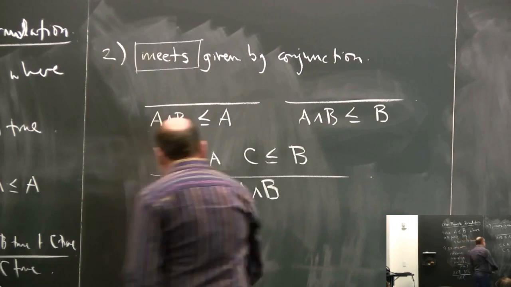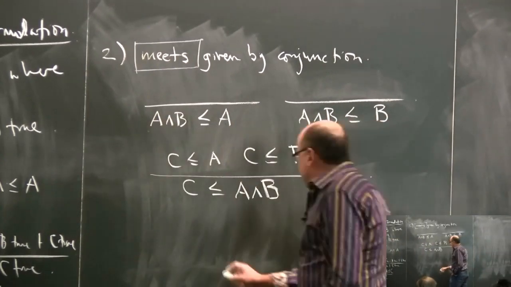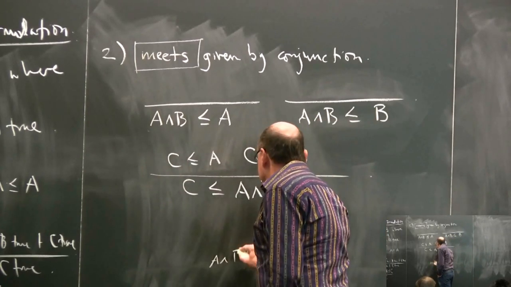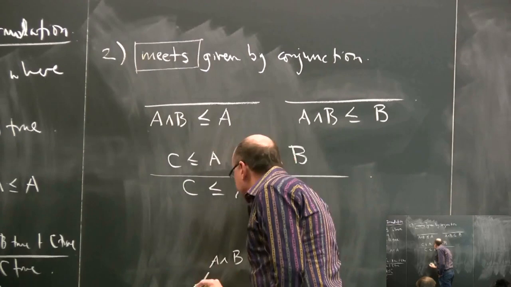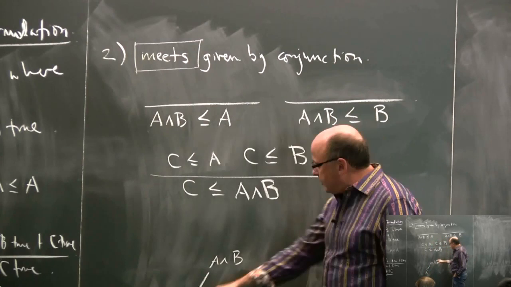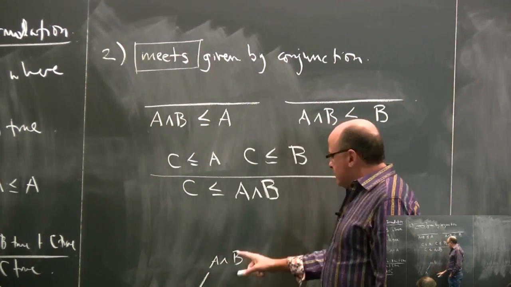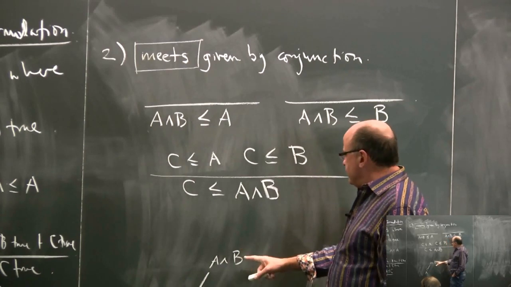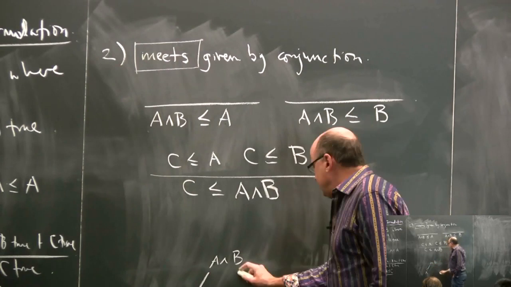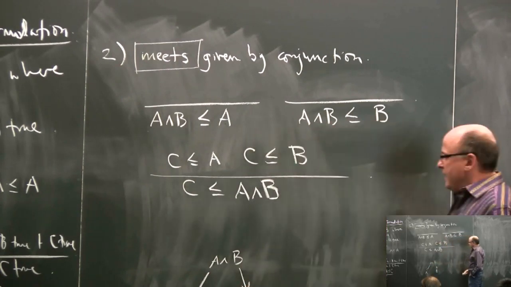And it's nice to draw this as a picture using Hasse diagrams. In Hasse diagrams, it looks like this. I often end up writing it like this. The arrows point from the smaller thing to the larger thing. So the idea is A and B is less than A, and A and B is less than B. That's the first two things.